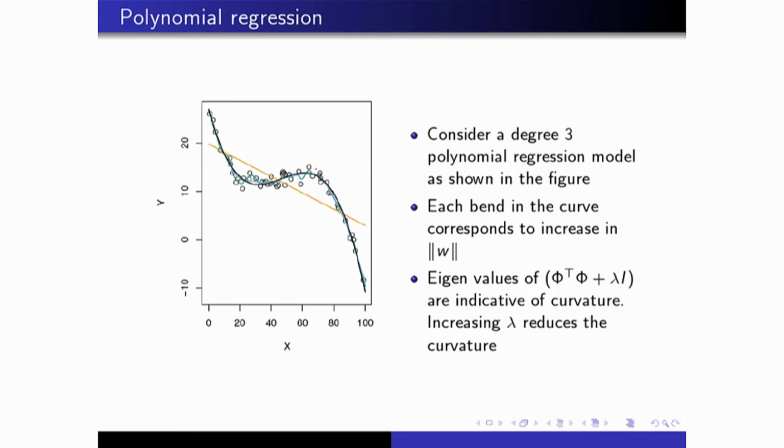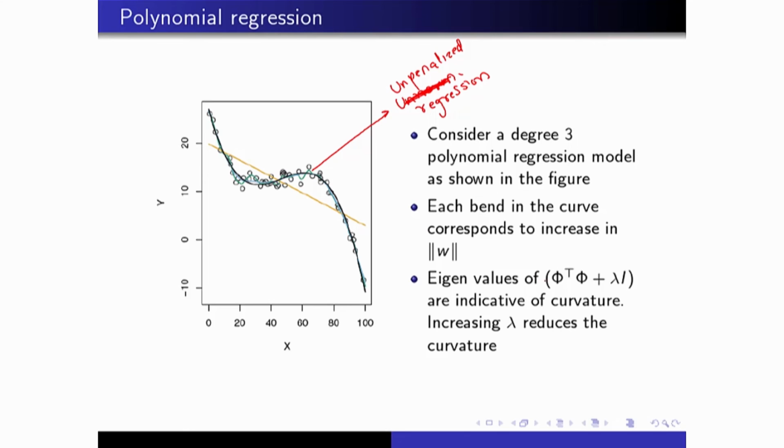So if these bent curves correspond to unpenalized regression, then with the lambda penalty you could get smoother values of this curve.